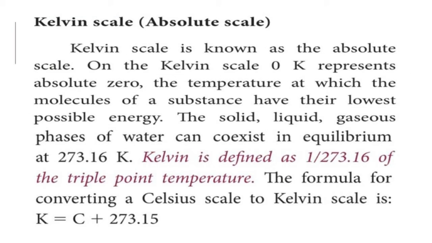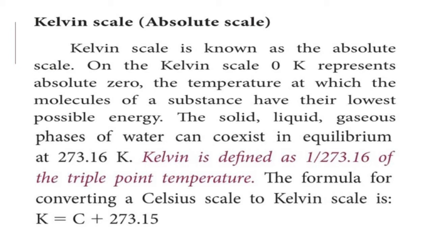Kelvin scale. Kelvin scale is known as the absolute scale. On the Kelvin scale, 0 Kelvin represents absolute zero, the temperature at which the molecules of a substance have their lowest possible energy. The solid, liquid, and gaseous phases of water can coexist in equilibrium at 273.16 Kelvin.